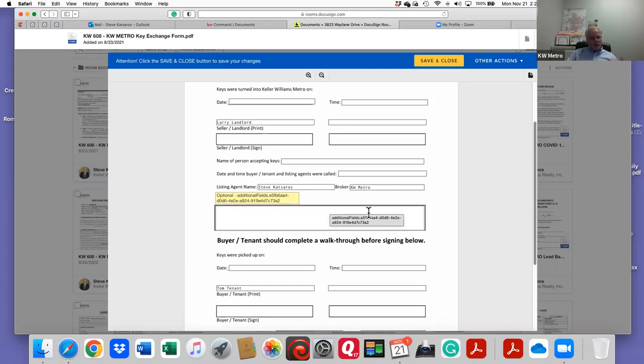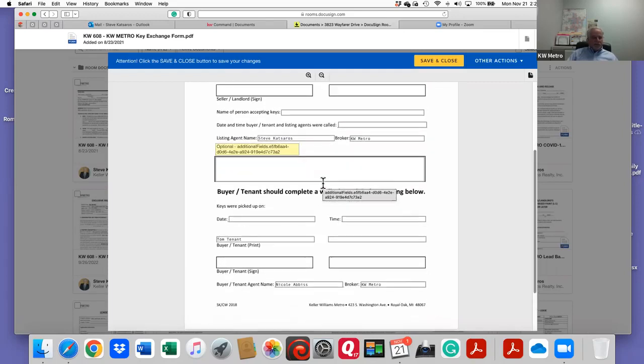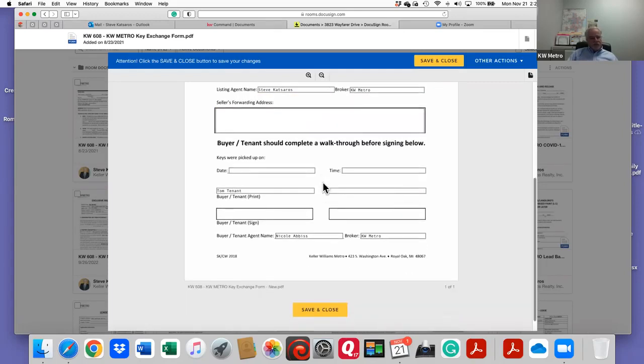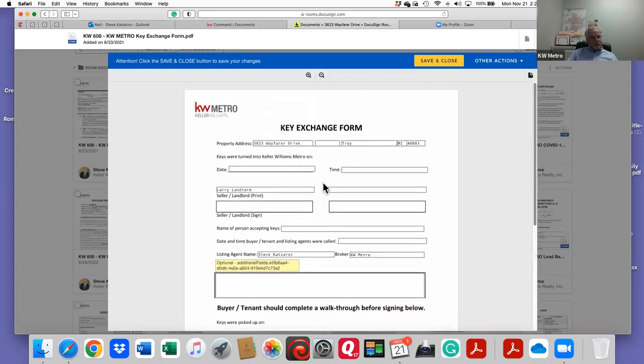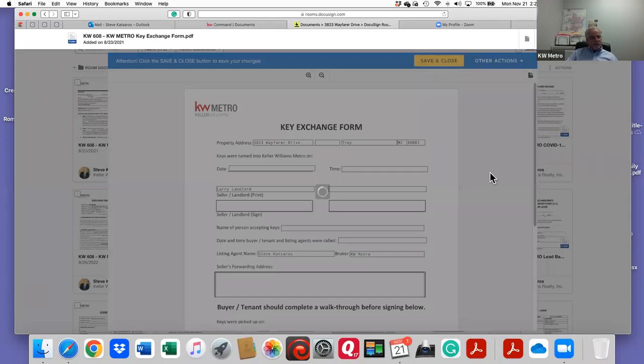Whatever's being exchanged should be noted, because ultimately in the lease it will provide that if they're lost or stolen, the tenant's responsible to reimburse the landlord for those expenses, and there'll be a charge for those. So it's just good to acknowledge the keys were exchanged and what kind of keys were exchanged on that particular date. This is for a sale and a lease. You can use this one.